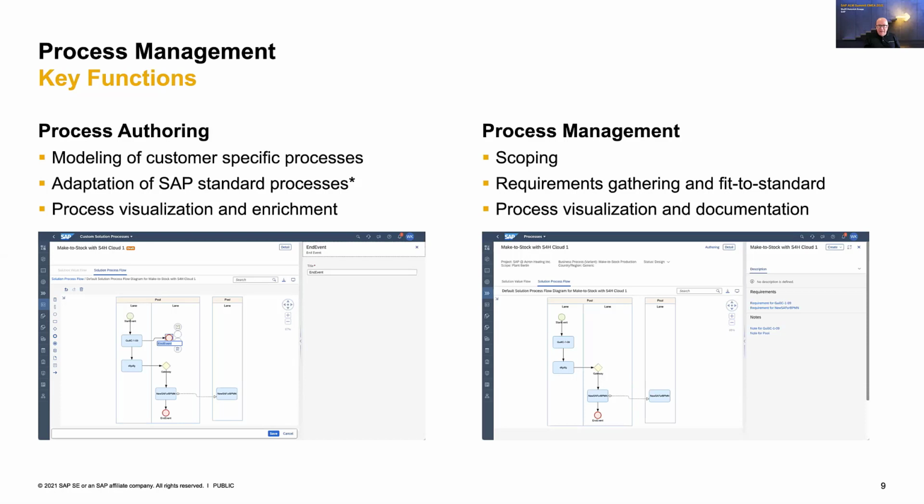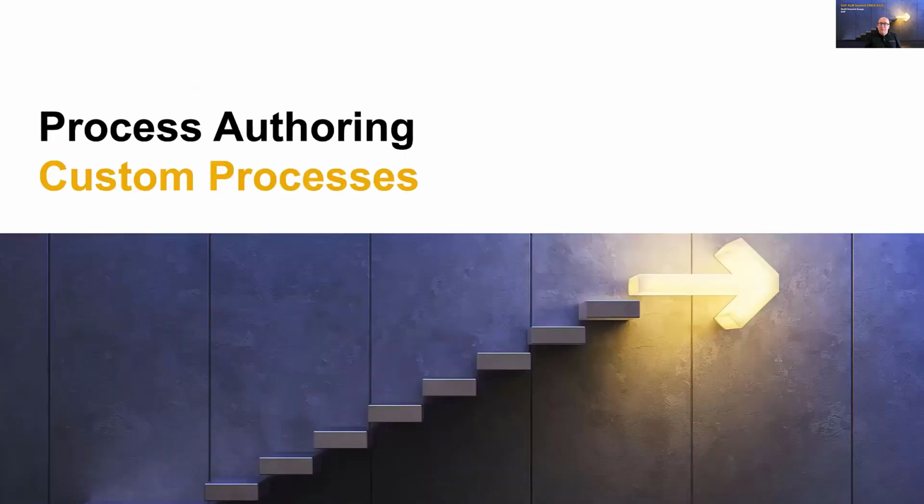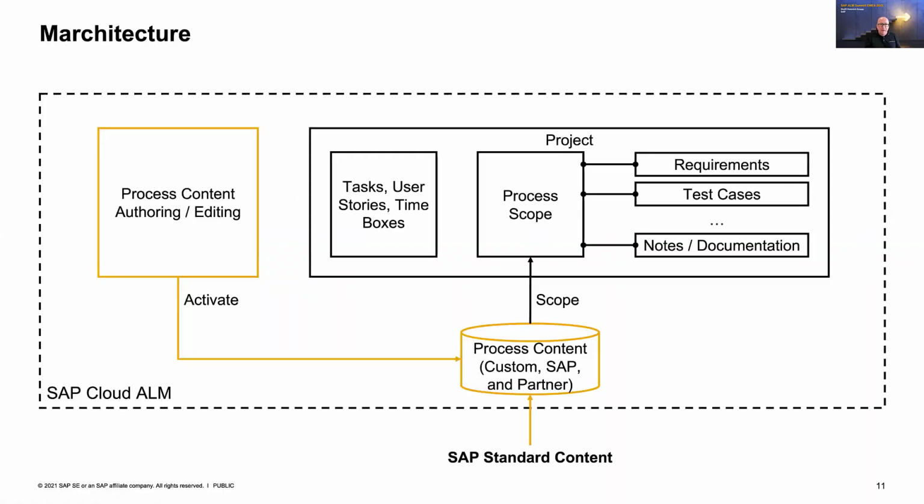So we discussed the solution process flows and the solution processes there. Okay, and that brings me to the process authoring. Let me talk about the process authoring a little bit. I really hope that I have a little bit of time at the end of the session to demo that to you. If you look at that architecture picture here, it is a mixture of marketing and architecture.